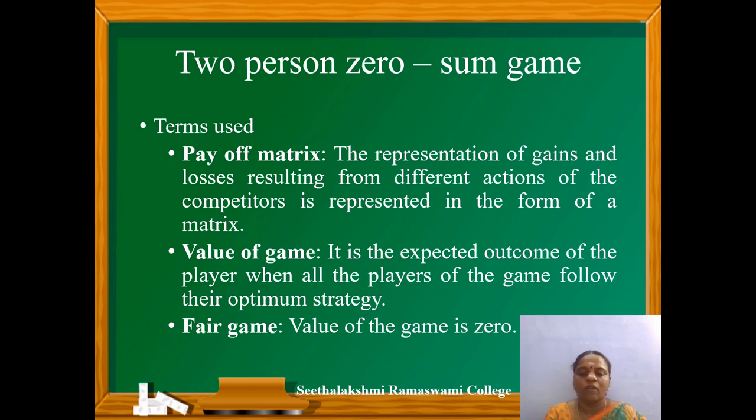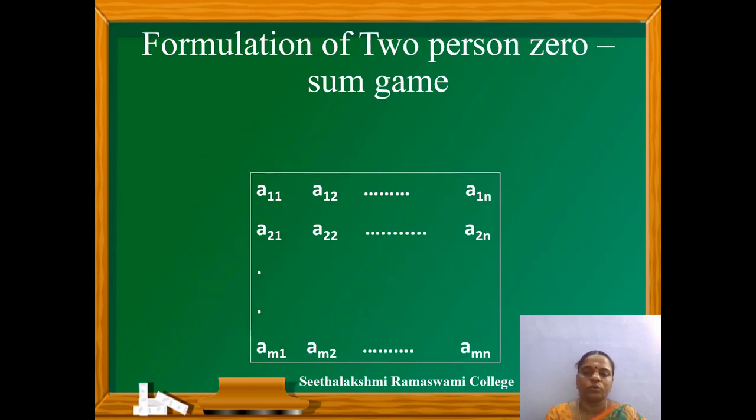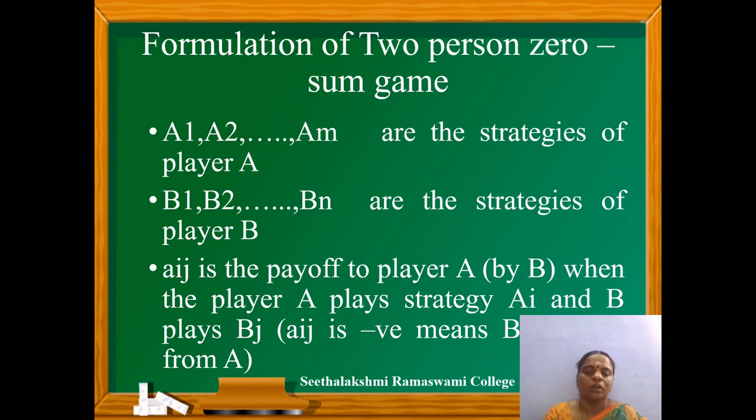Fair game means the value of the game is 0. This is a formulation of the two-person zero-sum game. Here A1, A2, etc. up to AM are the strategies for player A, B1, B2, etc. up to BN are the strategies for player B. And AIJ is the payoff to player A by B when player A plays strategy AI and B plays strategy BJ.